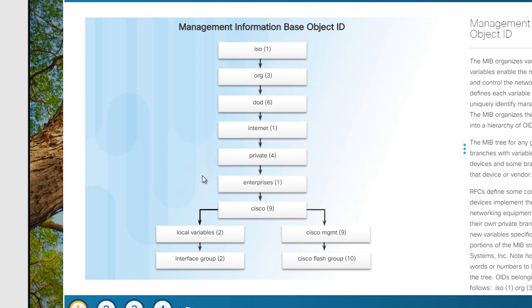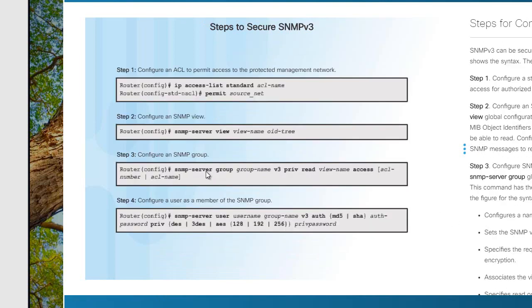Then you're going to have your SNMP server group with your group name, your version number here, which in this case is v3, that's what we're using. What type of v3 are we using? Is it no authorization, no privilege? Is it authorization privilege? Or is it just privilege?